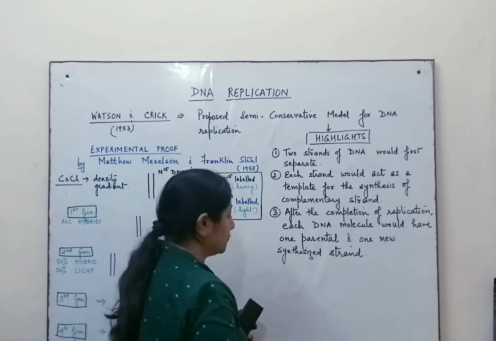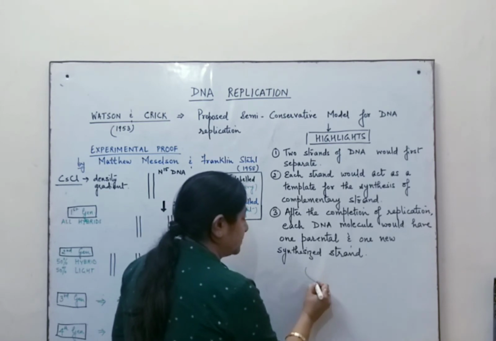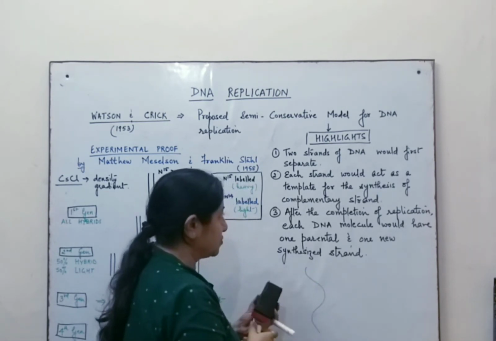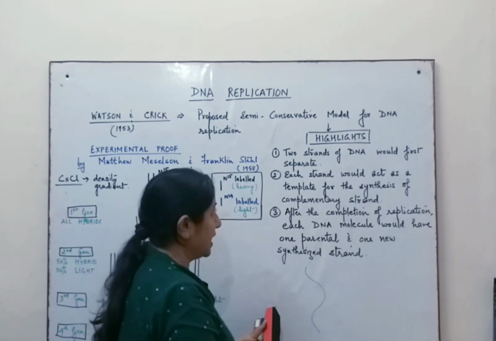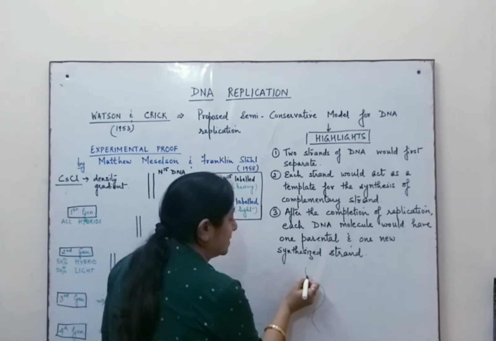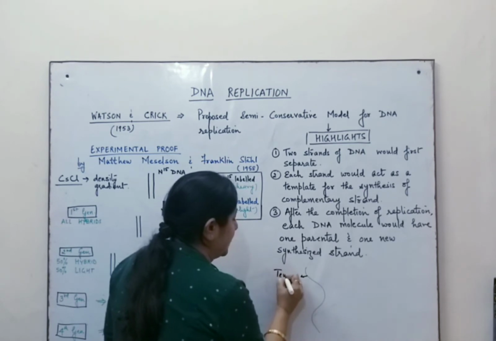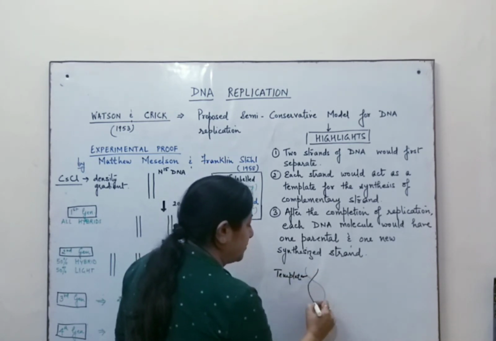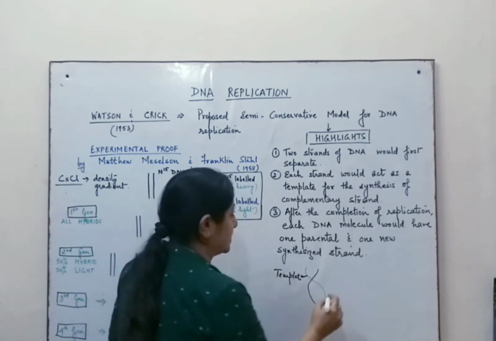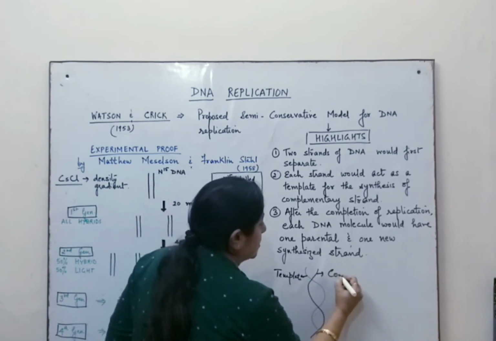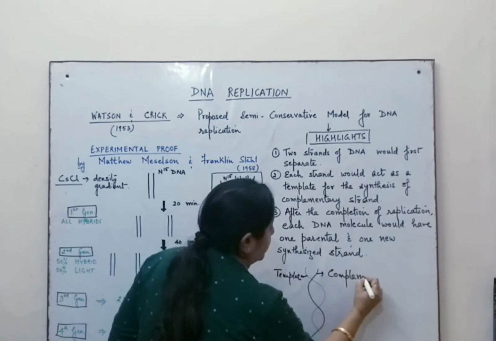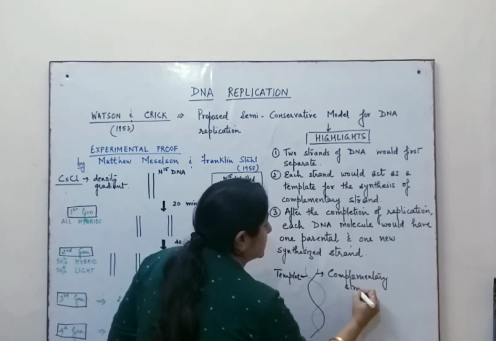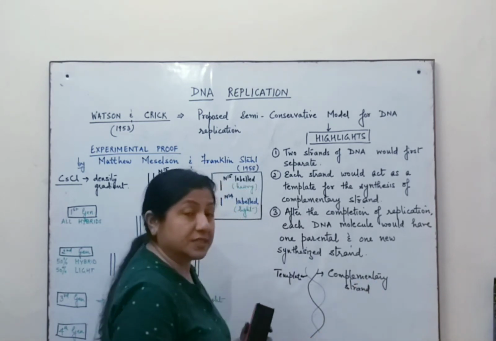So out of the two strands present over there, this strand will act as a template, and on the basis of this template, a complementary strand would be synthesized. So this would be the complementary strand. This was the second point which they suggested.